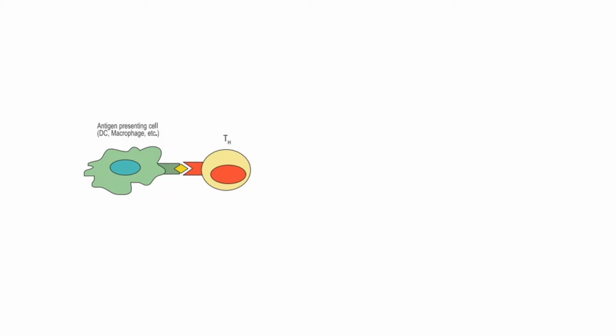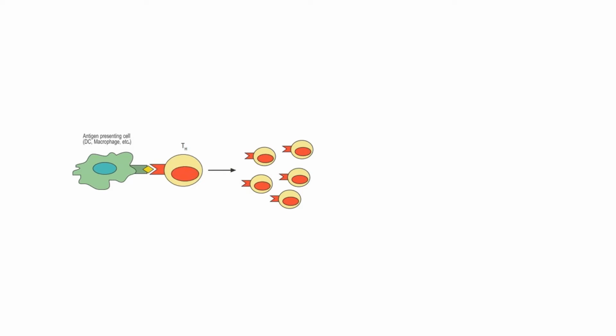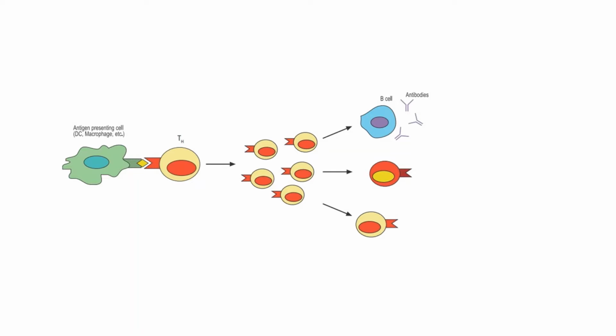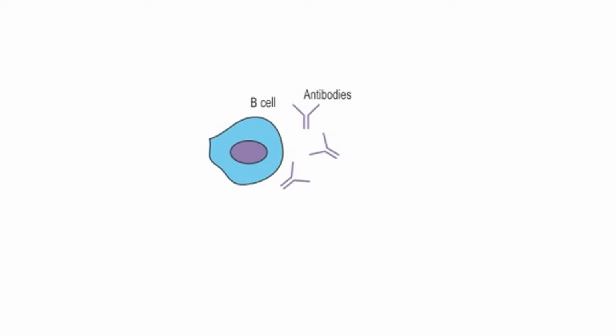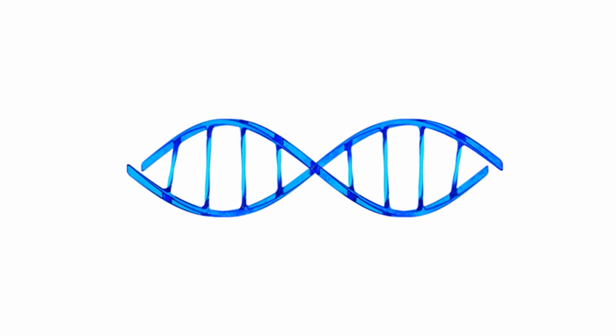The macrophage shows this fragment to a T helper cell, and the T helper cell triggers the release of chemicals called cytokines. Some cytokines directly destroy the foreign material, other cytokines trigger other cells to destroy the foreign material. For example, B cells are responsible for secreting antibodies to inactivate the invading substance.